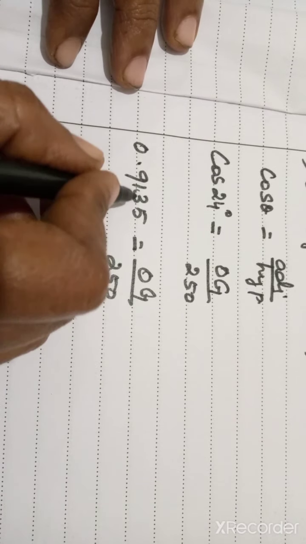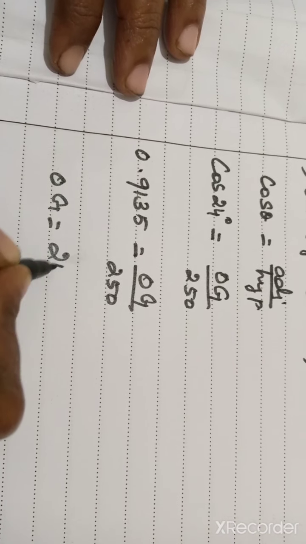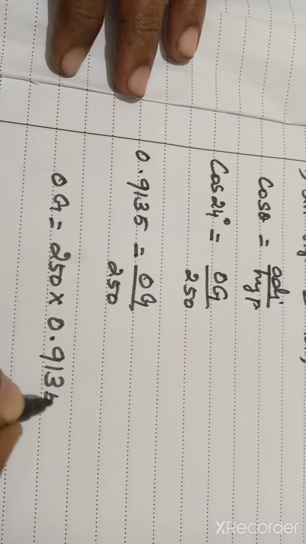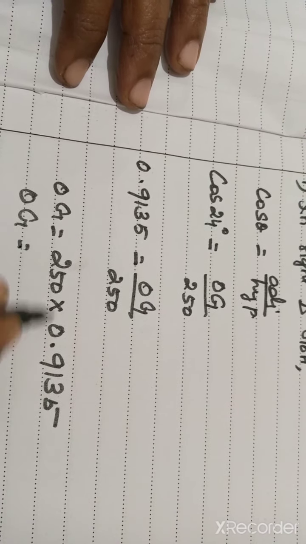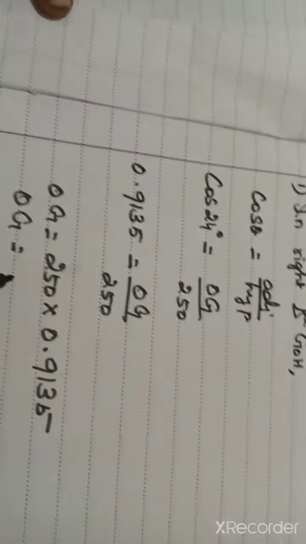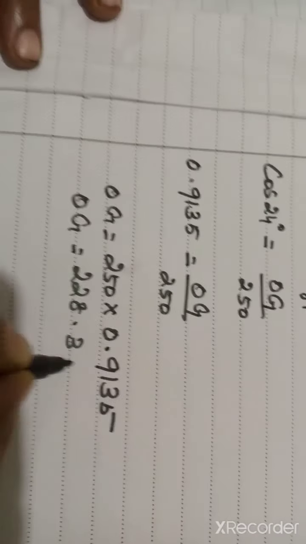Okay. Let us cross multiply. OG equal to 250 into 0.9135. Okay. Multiply and write OG equal to. When we multiply these two values, leave the decimal and multiply. Last you can give the decimal. Okay. We get 228.38 kilometer.